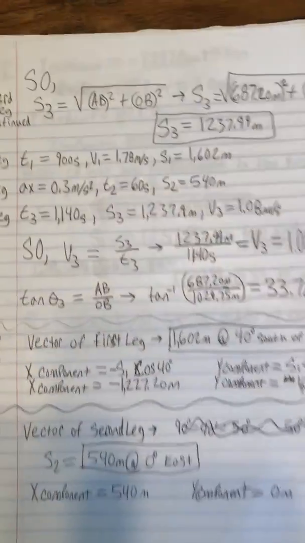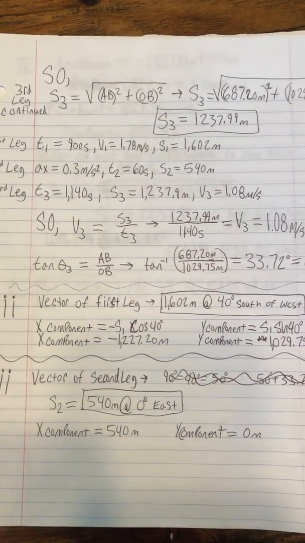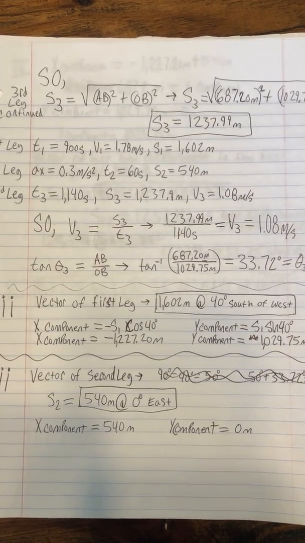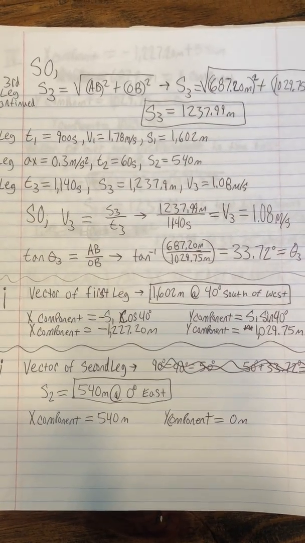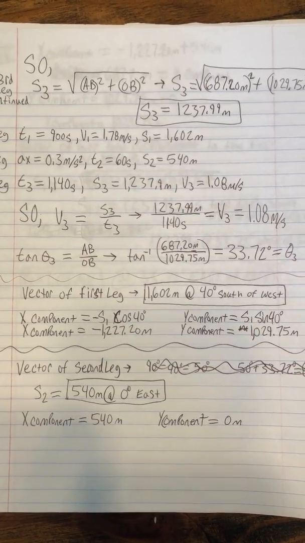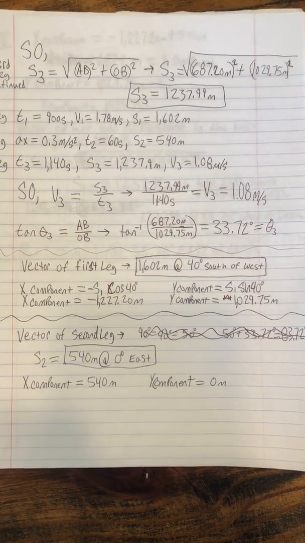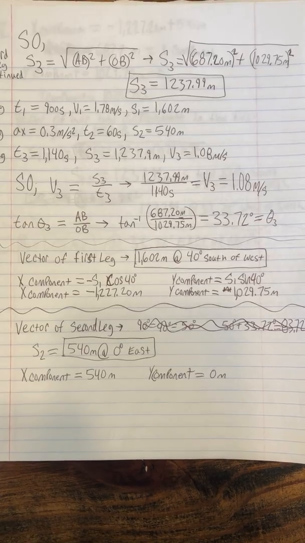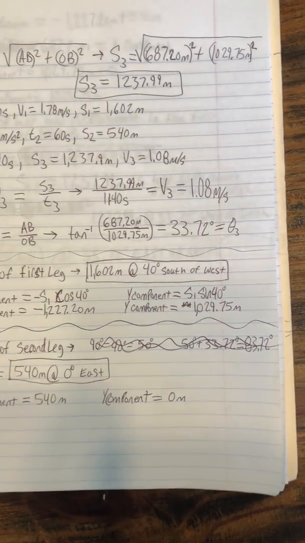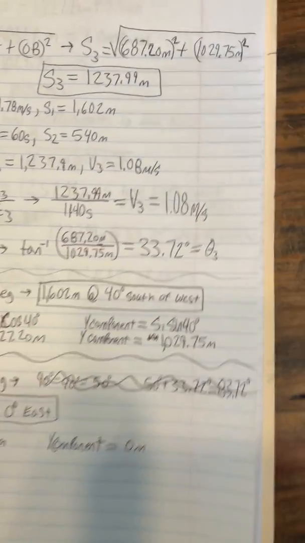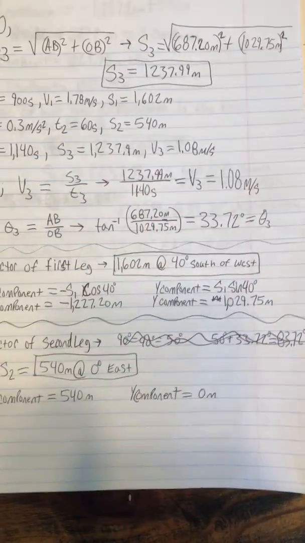T3 equals 1,140 seconds. S3 equals 1,237.9 meters, and V3 is 1.08 meters per second. So V3 equals S3 over T3, which equals 1.08 meters per second. That's the velocity V3.